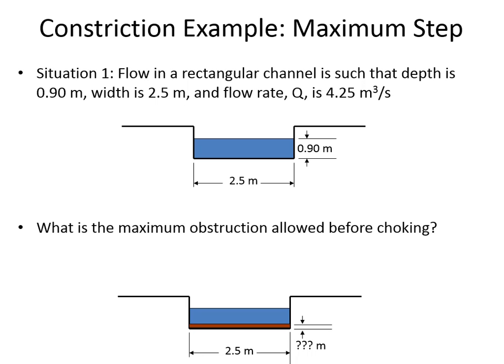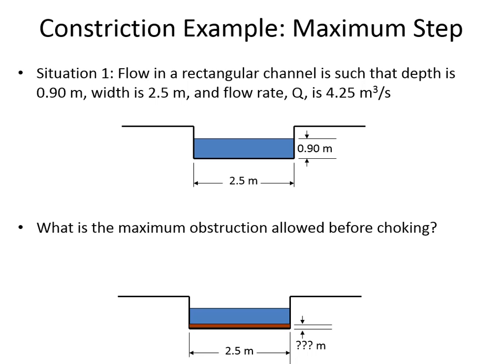Now we can find the velocity at that location, because we know the Q and the A2. The flow rate's still going to be 4.25 cubic meters per second. And the cross-sectional area for the flow will be 2.5 meters, which is the width, times the flow depth of 0.665 meters. That gives us 2.555 meters per second. So we know the velocity at 2 just before choking.